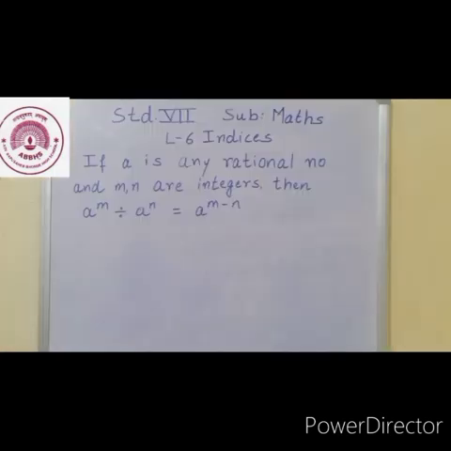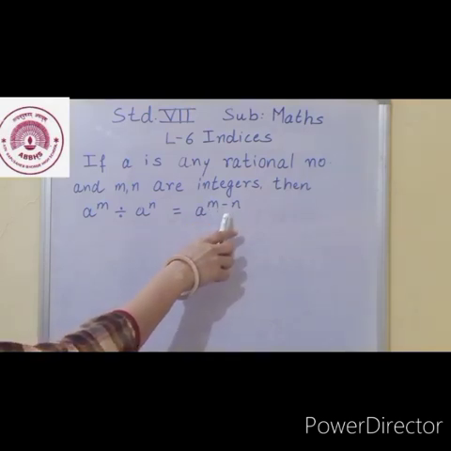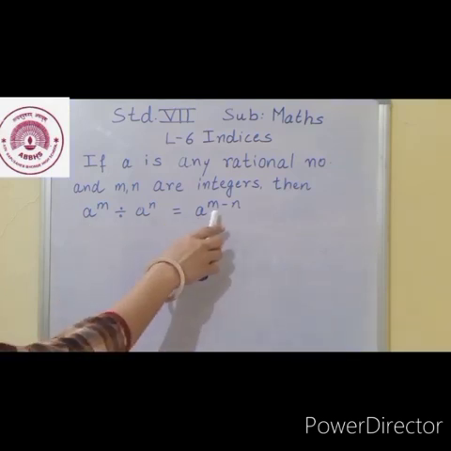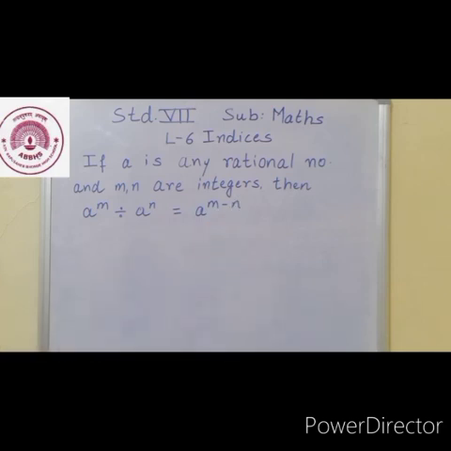In general form, if a is any rational number, that is, a is in the form of p by q and q is not equal to 0, and m, n are integers, then a raised to the power m divided by a raised to the power n becomes a raised to the power m minus n. That is, while dividing the indices having same base, we can simply subtract the exponents.